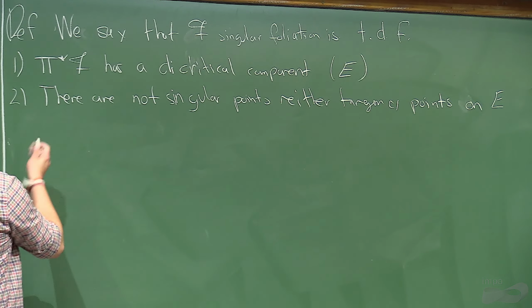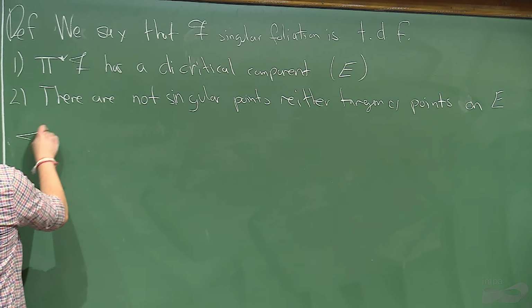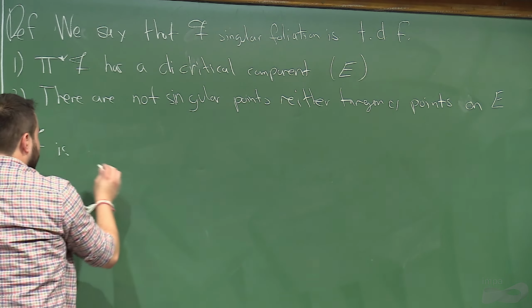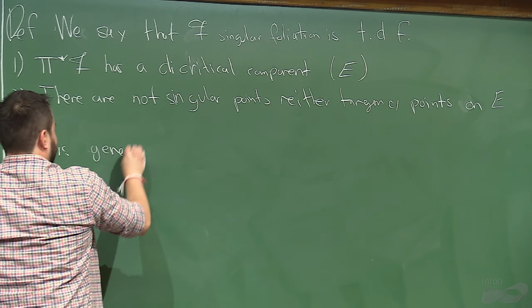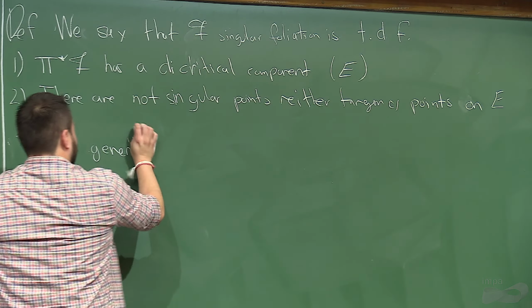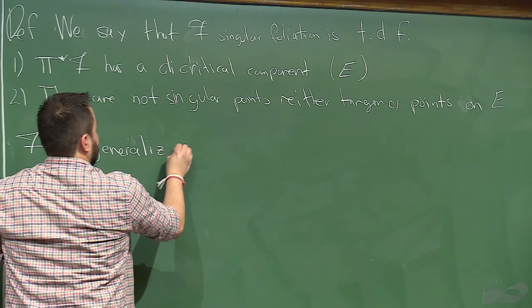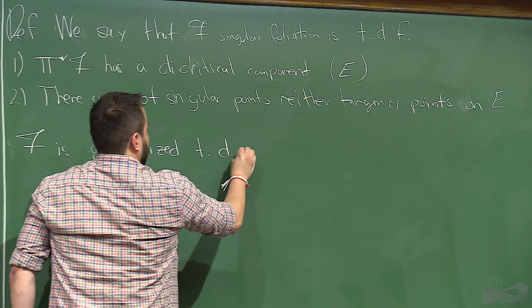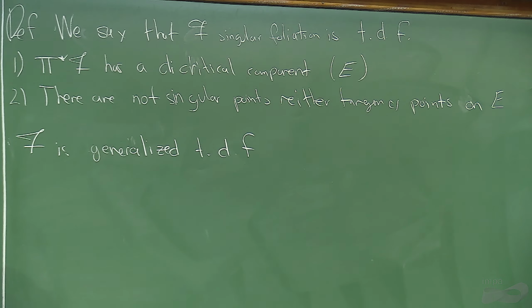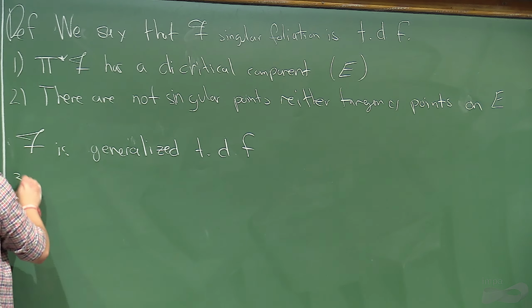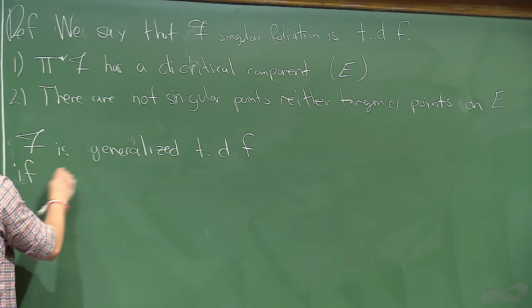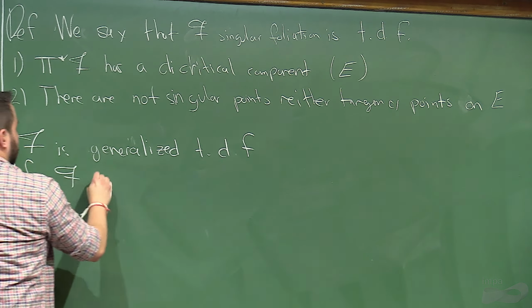So we say that a foliation is a generalized totally dicritical foliation if F satisfies 1 and 2 and 3, 4, 5.